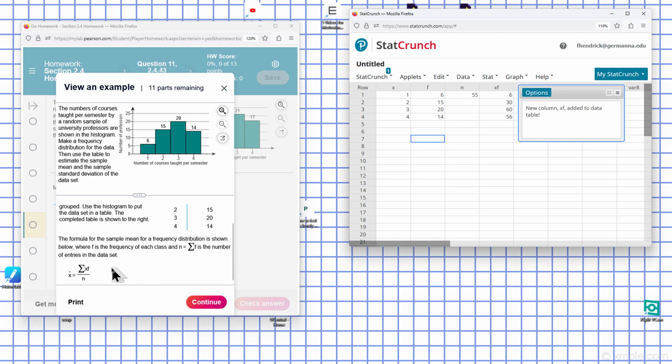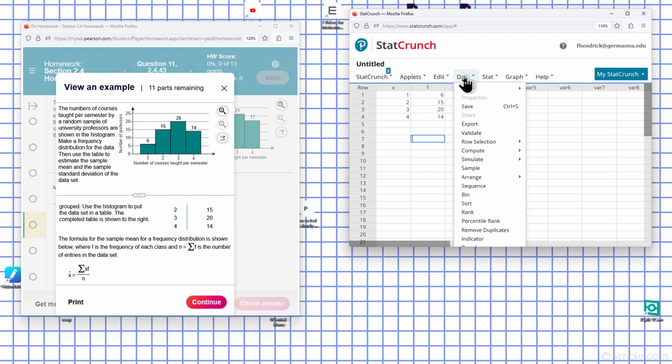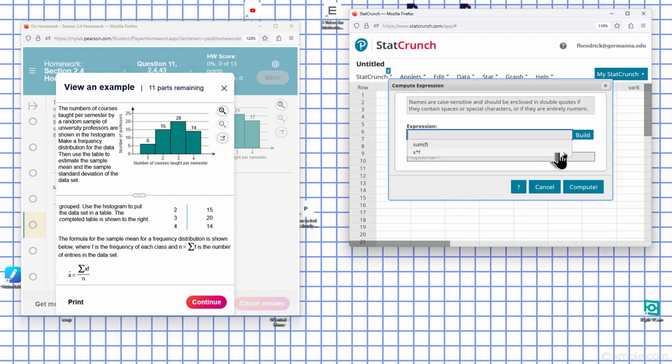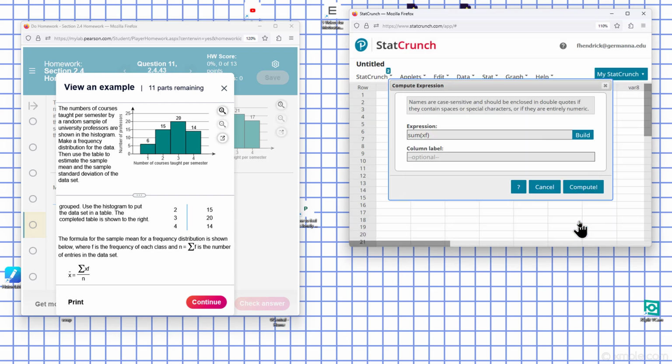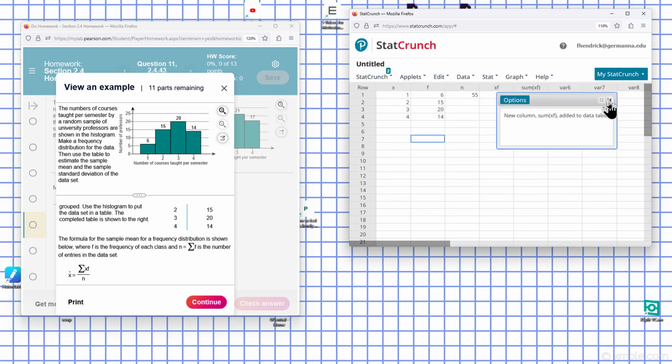Now I want to find the sum of xf. So data, compute, expression, build. I want to sum that up, so I use the sum function. There it is, sum of xf. Hit OK. So there's the sum of xf, and I have my n.